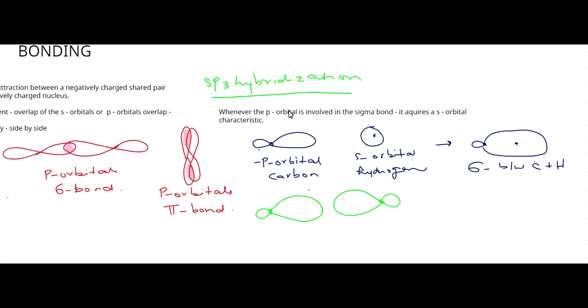So now these are two p orbitals, and let's say this is a bond that forms between carbon and carbon. You know how alkanes have a single covalent bond between carbon and carbon. So in this case, these are p orbitals of two carbon atoms.